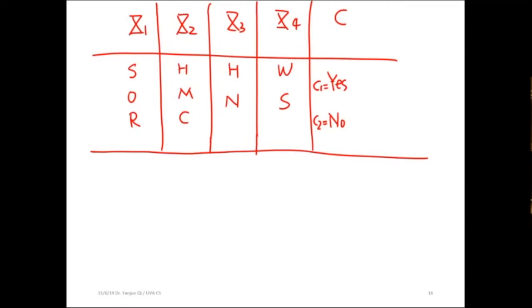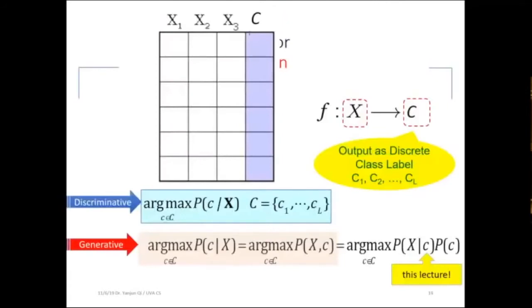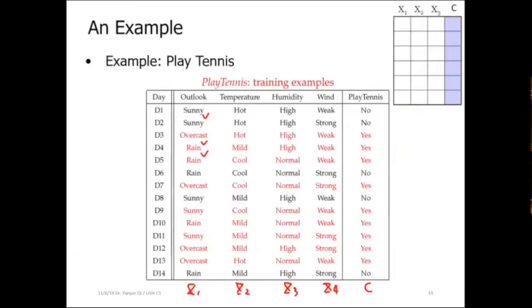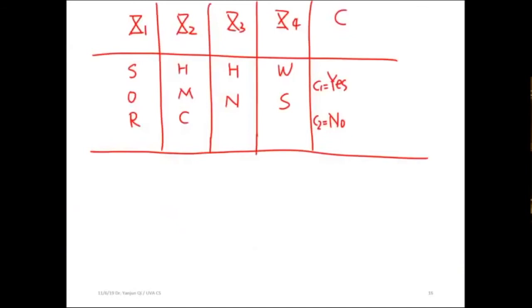We already said I want to estimate P(X given C). So what do I mean by that? For future data, whatever x comes, I can figure out P(X given C). So in the end, to train, I need to figure out P(x1, x2, x3, x4 given C) and also P(C).